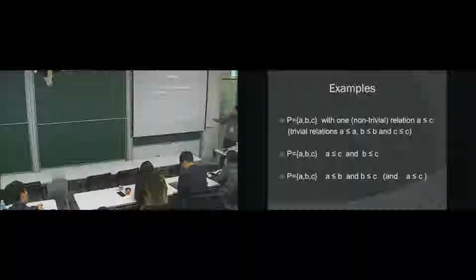Another example is this one, and the third example is this one. Even though I wrote only these two relations, because of transitivity, A is less than C. Even with only three elements, the writing is sometimes difficult to understand. A picture tells a lot, though we should explain the picture.